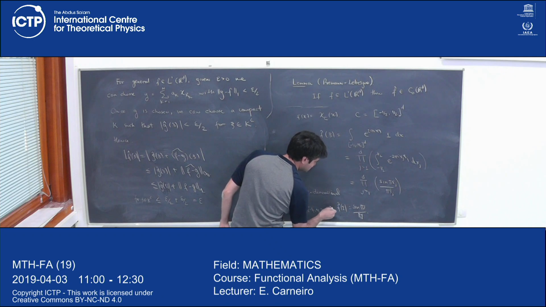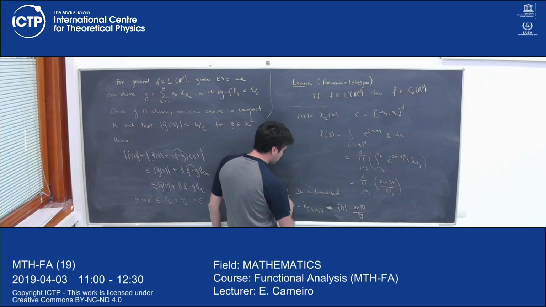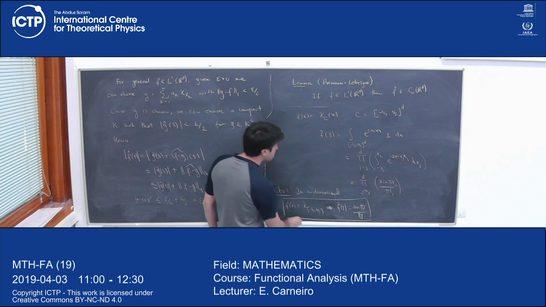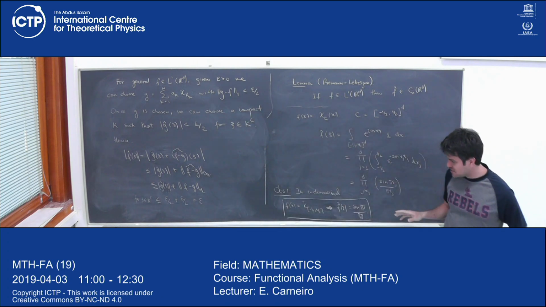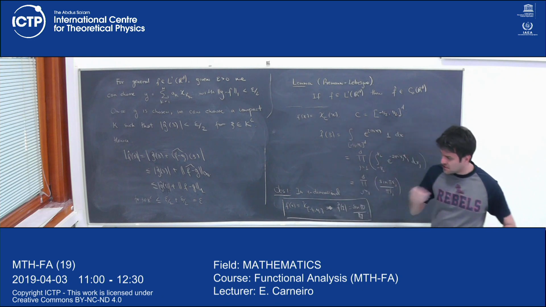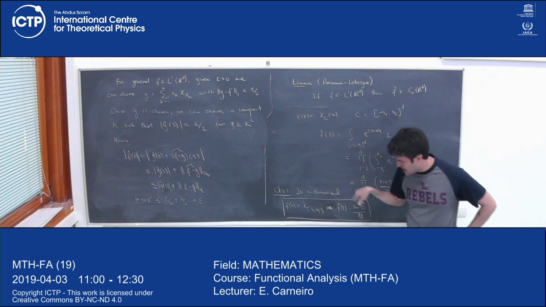This is one of the basic examples, a Fourier transform pair. Sometimes we talk about Fourier transform pairs. As you see, the Fourier transform essentially gives the function back.